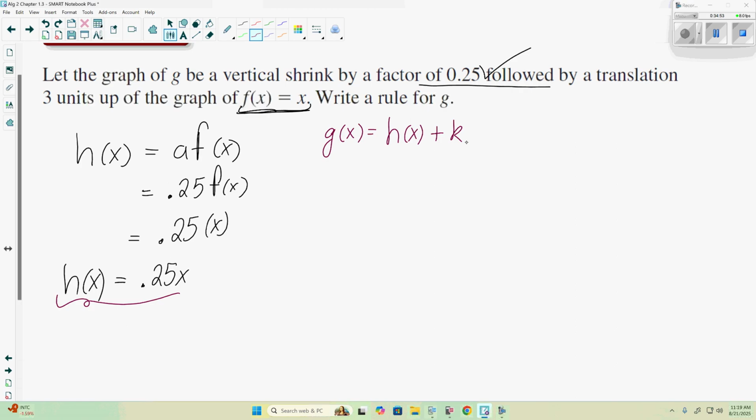We're wanting to apply it to the function that already has that first transformation, which we called h of x. What's our value of k going to be? 3, positive or negative? So we're going to replace k with positive 3. Questions so far? What is h of x?